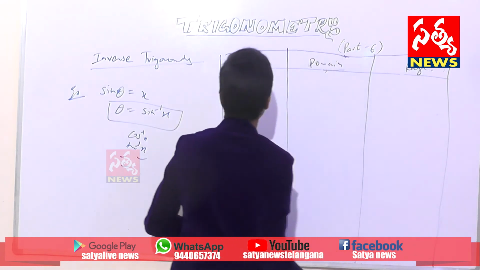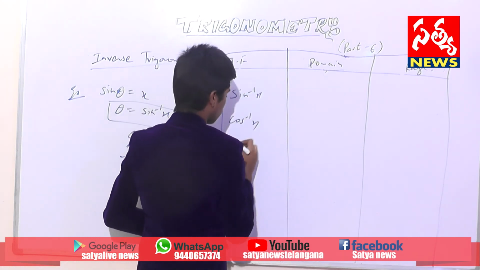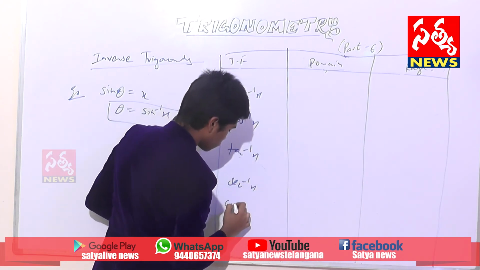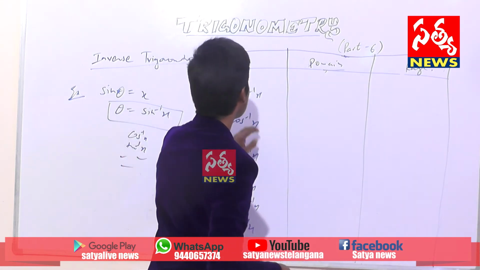This is the table. First, sin inverse of x, cos inverse of x, tan inverse of x, secant inverse of x, cosecant inverse of x, cot inverse of x.